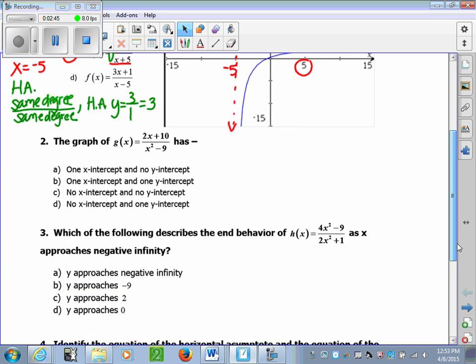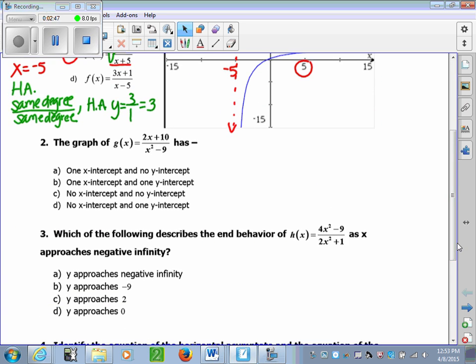All right, number 2. I'm going to show you how we find what our x-intercepts are and what our y-intercepts are. Let's start with y-intercepts. My y-intercept, I am on my y-axis when x equals 0. So to find my y-intercept, I'm going to plug 0 wherever I see x in my numerator.